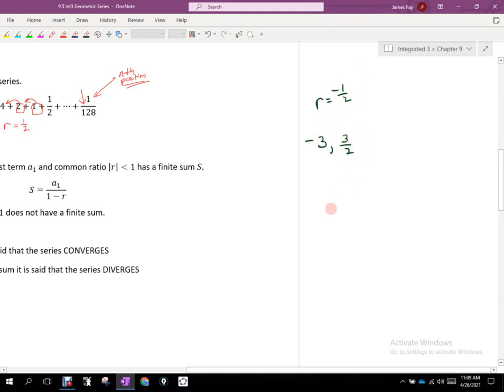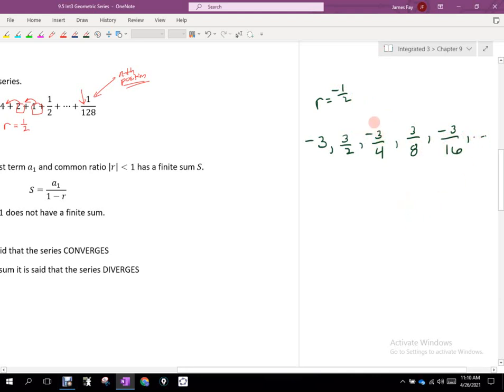Then what's -3 times -1/2? It'd be 3/2, right? And then 3/2 times -1/2 will be -3/4. And then -3/4 times -1/2 will be +3/8. And it'll be -3/16. And it'll keep going on and on, right?